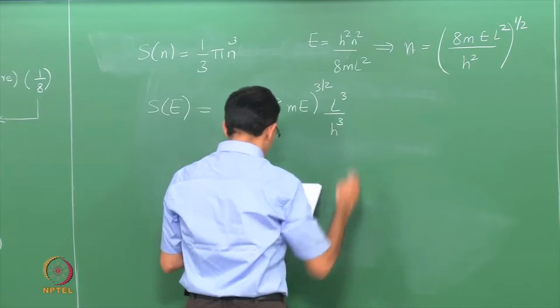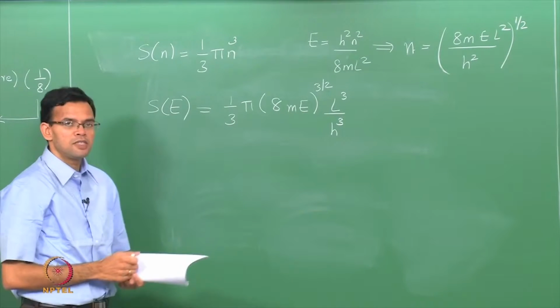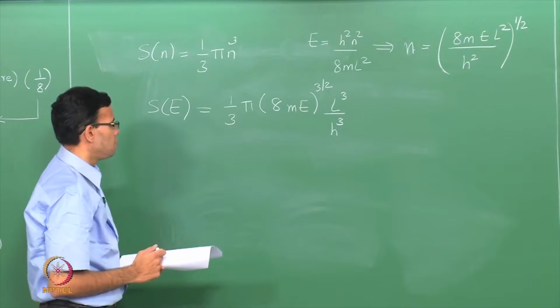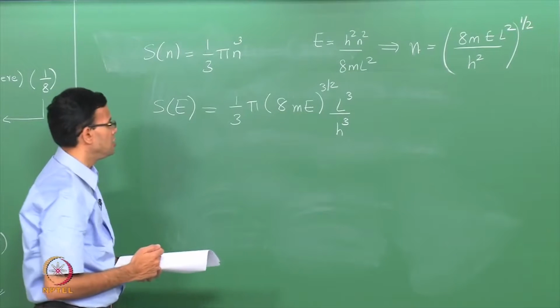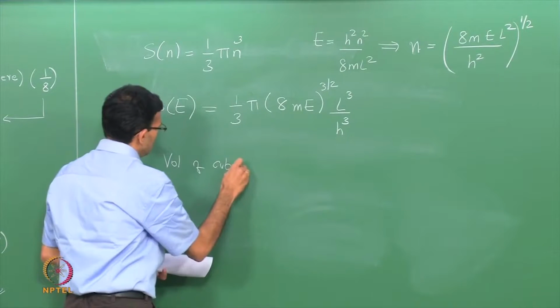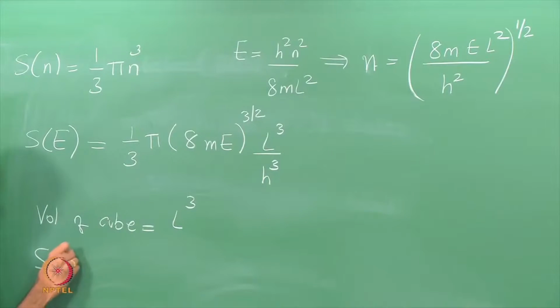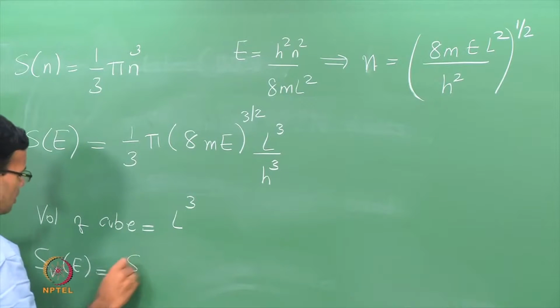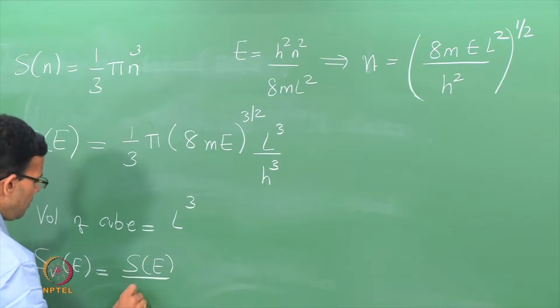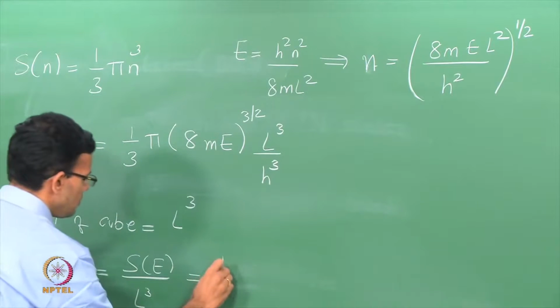Now the density of states says it's the number of states per unit volume per unit energy. So, the volume of the cube is nothing but L cube. So, the number of states per unit volume, which we denote as S subscript V in energy, is nothing but S of E over L cube, which will take this expression out.